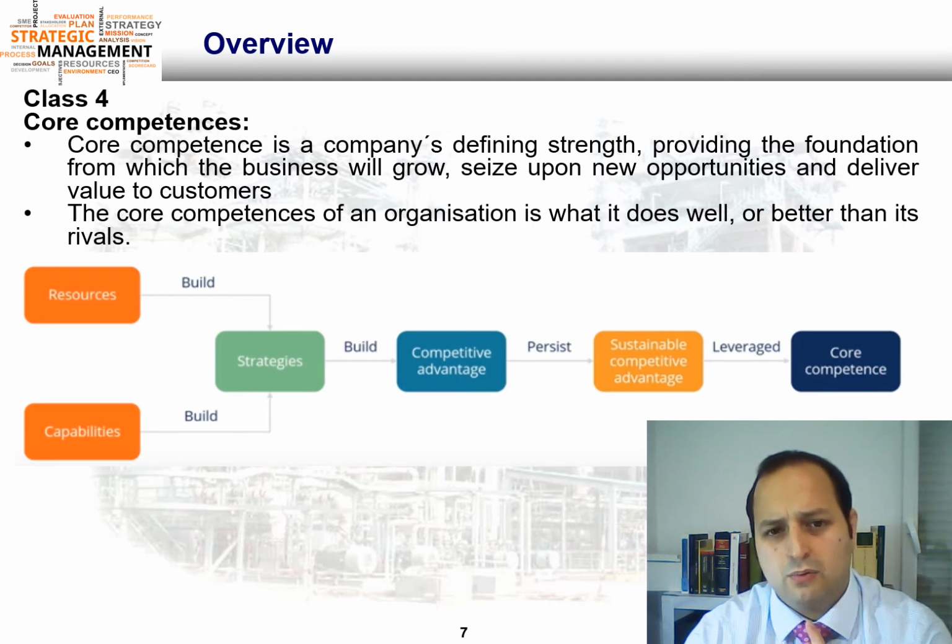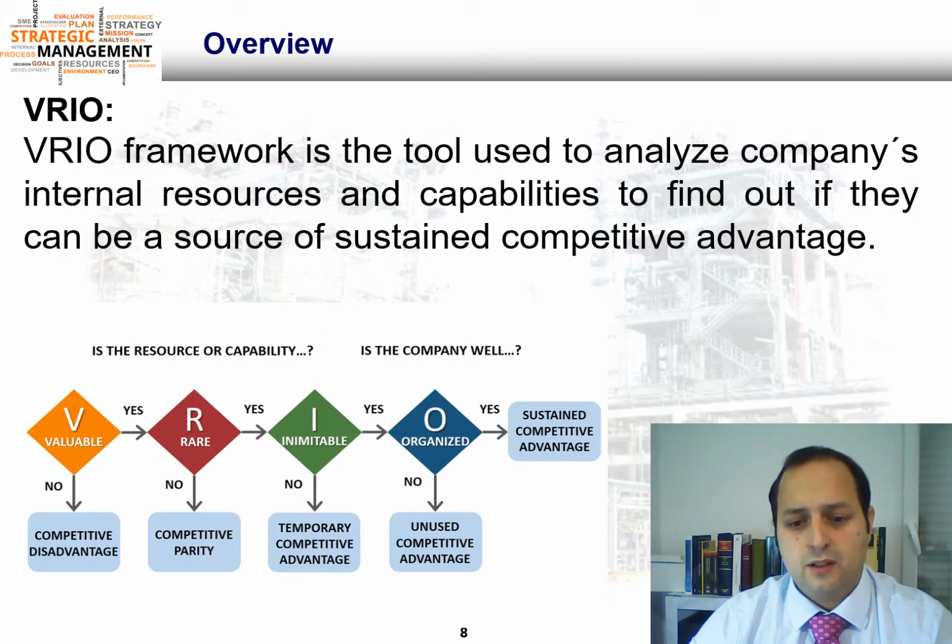So we have to try to achieve a sustainable competitive advantage. And if we persist over time with that sustainable competitive advantage, we are going to achieve the core competences of the company. Therefore, maybe the key question is if our competitive advantages are going to become a sustainable competitive advantage.